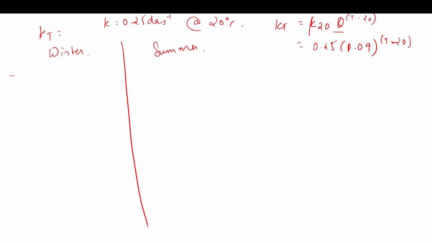K at 10 degrees Celsius will be 0.25 times 1.09 to the power 10 minus 20, which is 0.25 times 1.09 to the power minus 10.